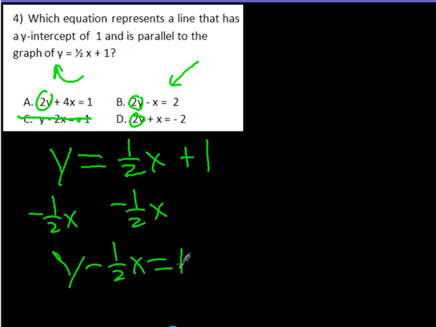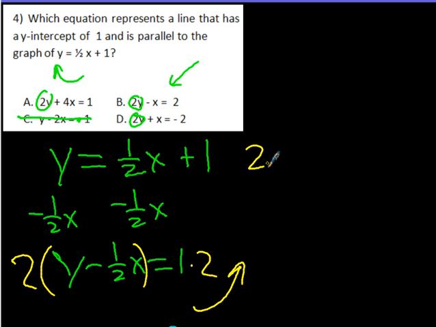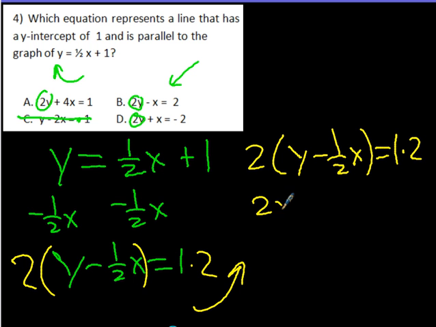So now I'm just going to multiply by 2 and see what happens. I'm going to multiply the left side by 2 and the right side by 2. So I've got 2 times y minus 1 half x equals 1 times 2. So that's going to be 2y. So 2 times 1 half cancels.